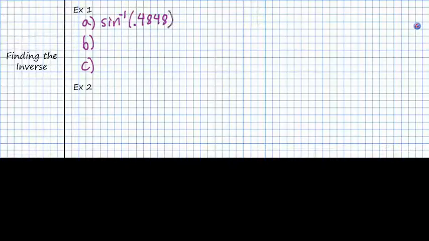Remember that a decimal is still a type of ratio. Our output is going to be 29 degrees. So our input was 0.4848, and our output was 29 degrees. We can do the same thing with cosine and with tangent.